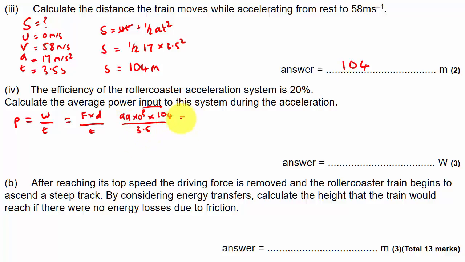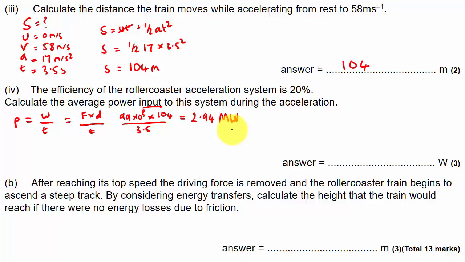So I can calculate the power received usefully, and this comes out at 2.94 times 10 to the 6 watts, or megawatts. Right, 2.94 megawatts. That's what's gone in, right?